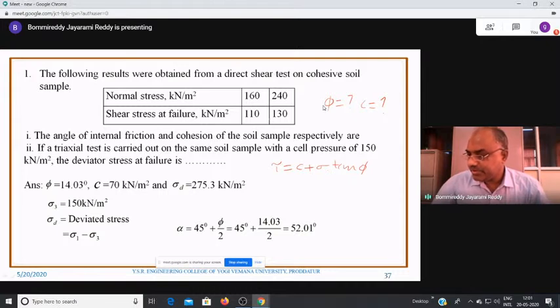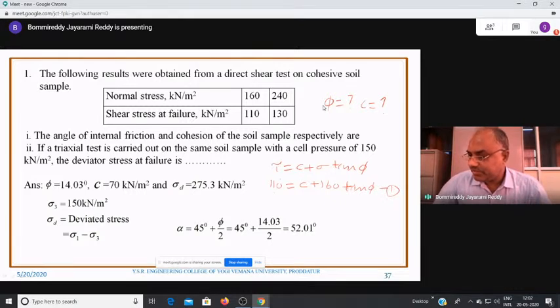So here, what values do you know? Two combinations of values are known. The first one is shear stress 110 equal to C, which is not known, plus the corresponding sigma 160 multiplied by tan phi. This is equation 1.